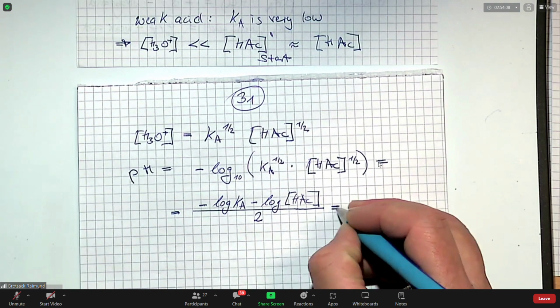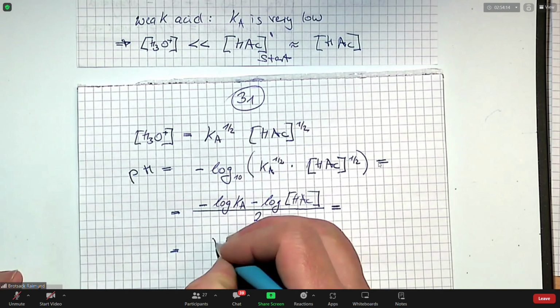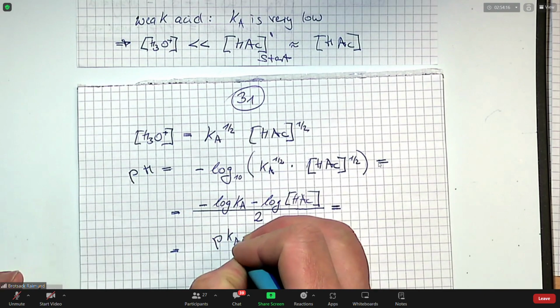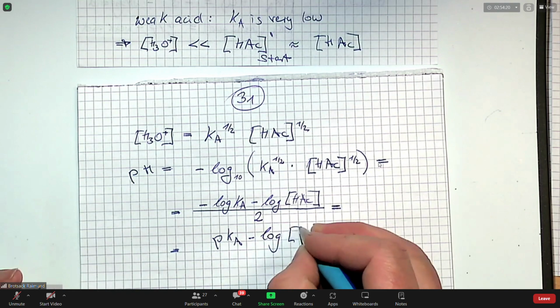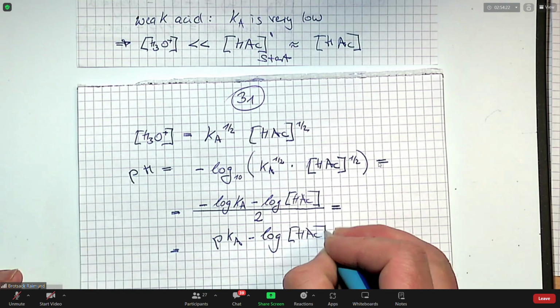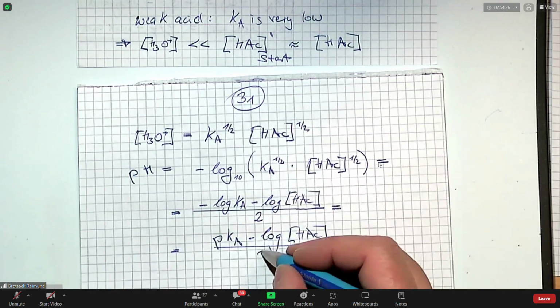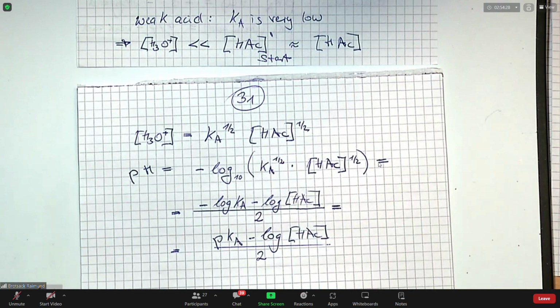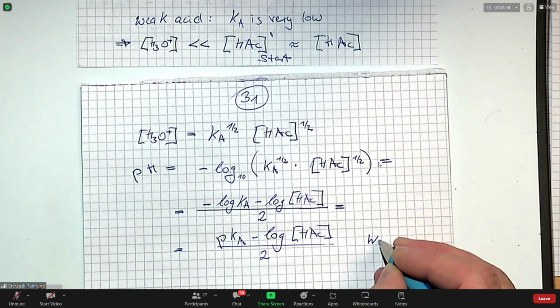And this is pKa minus log of the concentration of HS over 2. That's true for a weak acid.